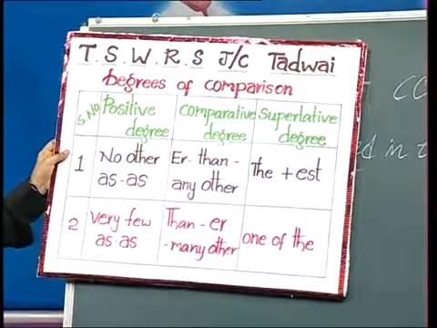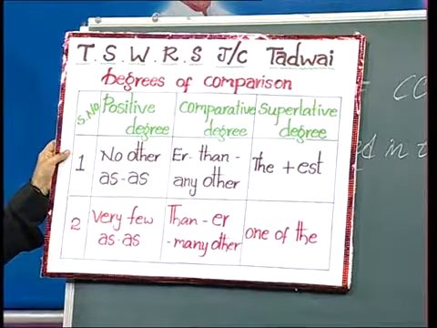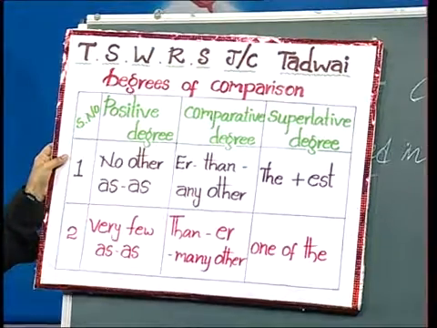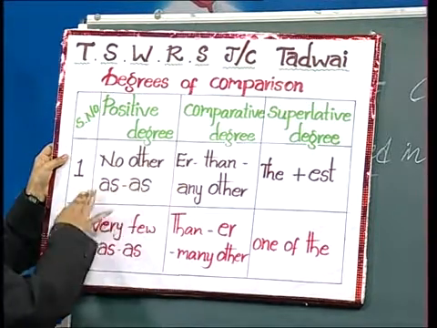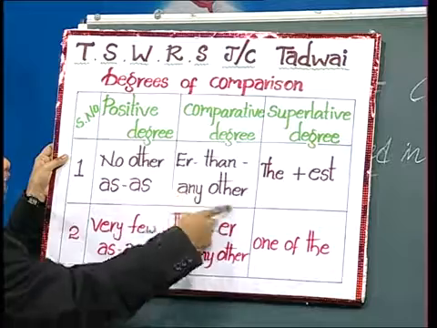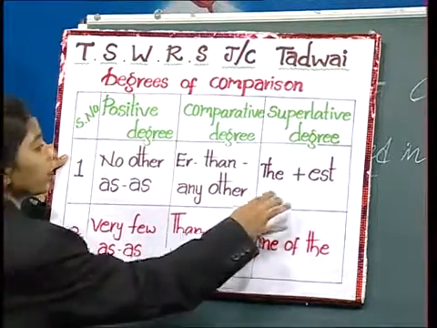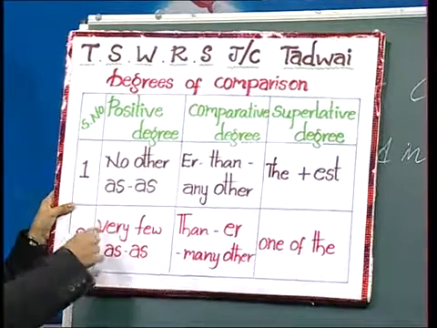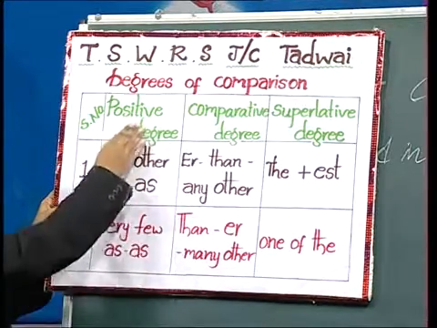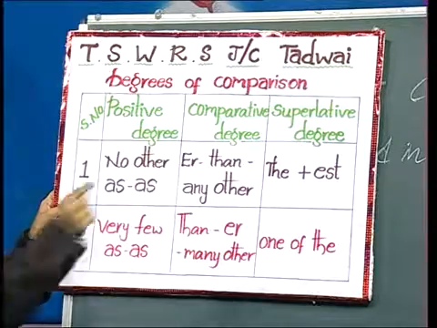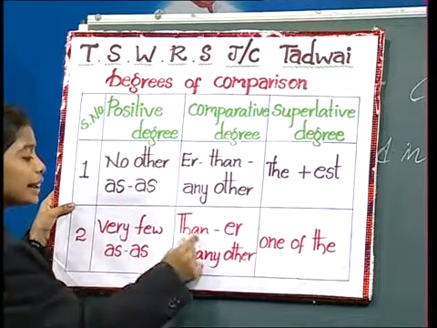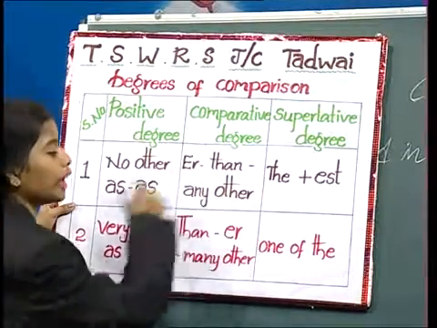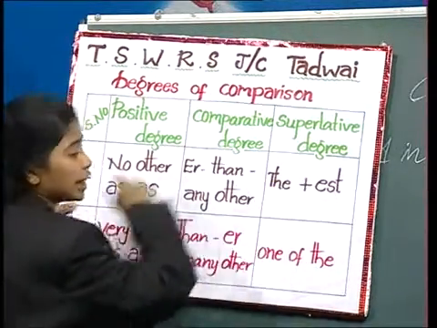Friends, what we have discussed just now in the positive degree, comparative degree and superlative degree in pattern 1 is nothing but "no other, as" is present, "than any other" is present in comparative, and "est" is present in superlative degree. But in the second pattern, "very few, as" is present in the positive degree, and in comparative degree "than many other" is present, and in superlative degree "one of the" is present.